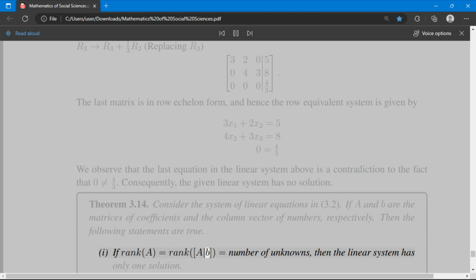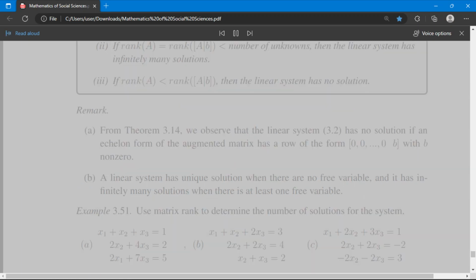If rank A equals rank AB equals the number of unknowns, then the linear system has only one solution. 2. If rank A equals rank AB. 3. If rank A.